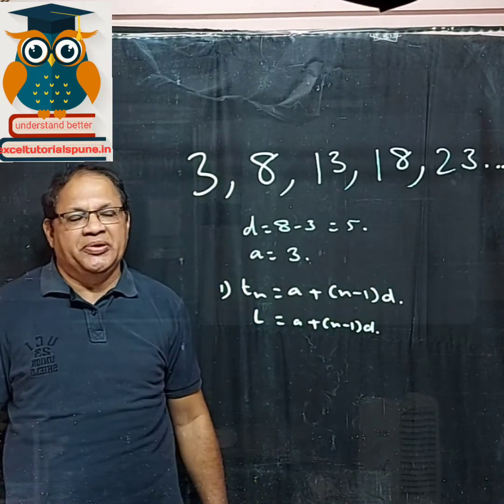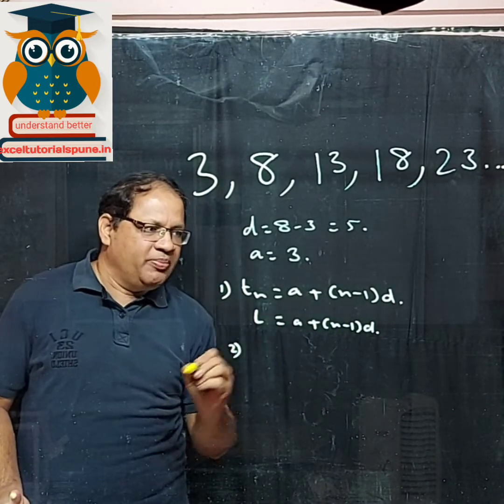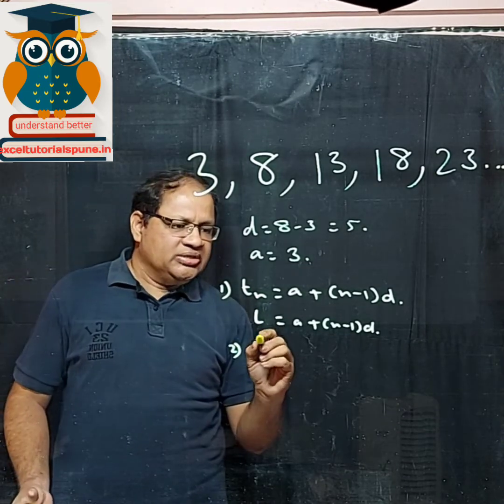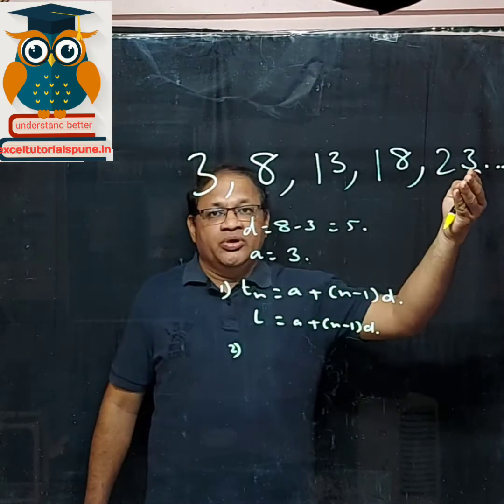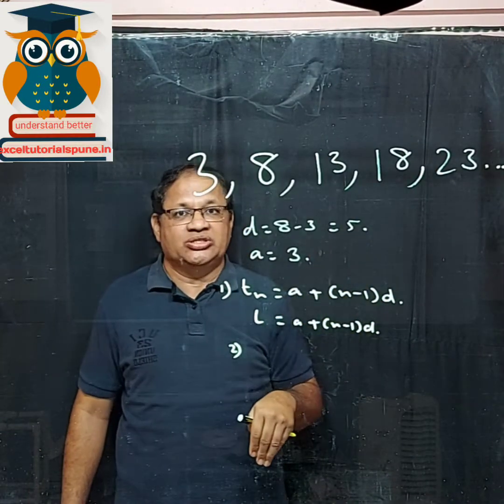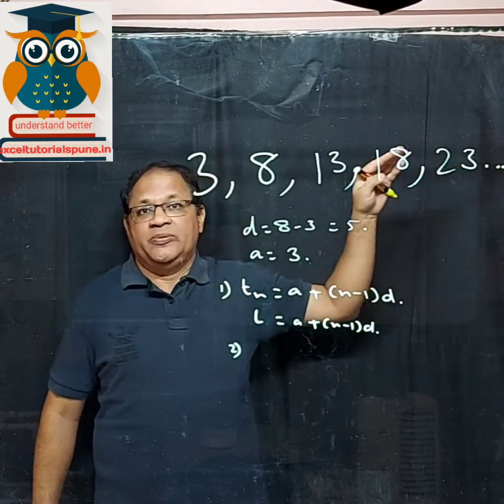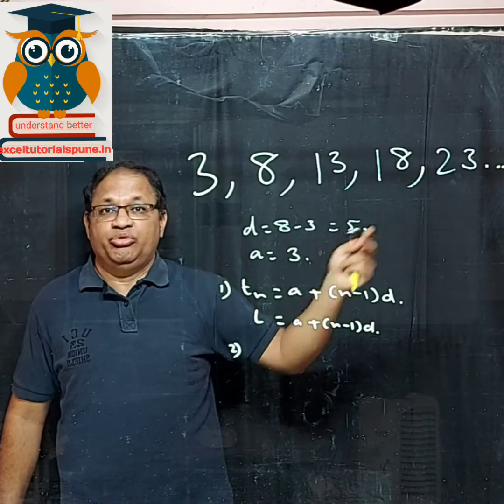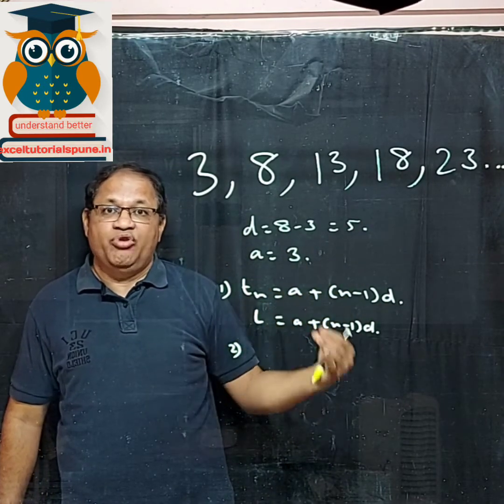Now the second formula: supposing we want the third term from the last, or the fifth term from the last. If there are huge numbers and we want some term, we have to count from the last. Then what formula is there?